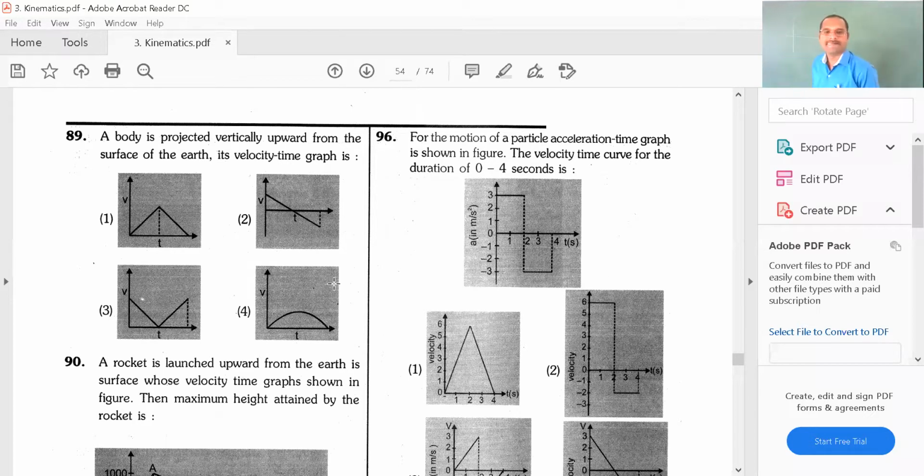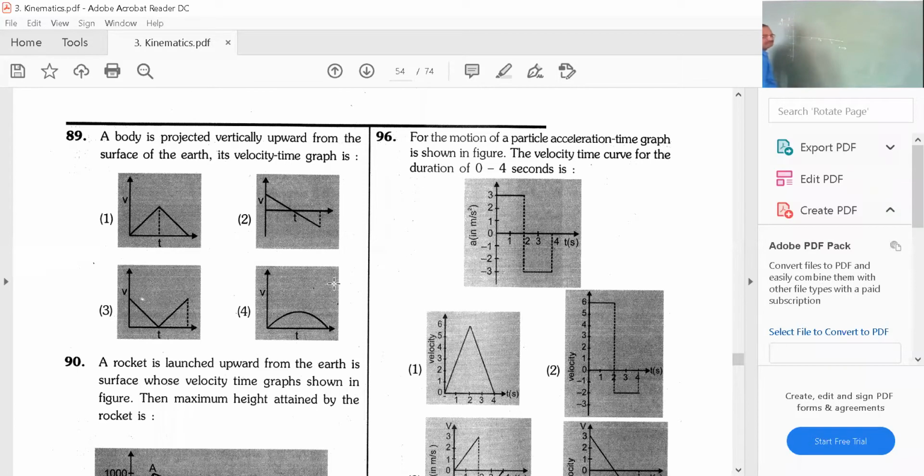0, 1, 2, 3. Here it is 0. 1, 2, 3, 4 given. Now, here down also is there. -1, -2, -3. This is time and this is acceleration.